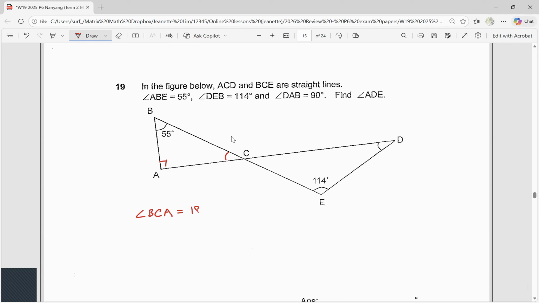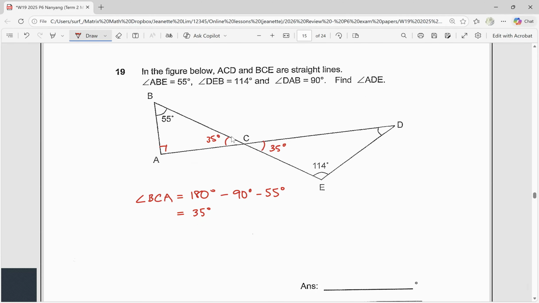This would be 180 minus 90 minus 55, which will give us 35 degrees. So vertically opposite angles means that this is also 35.